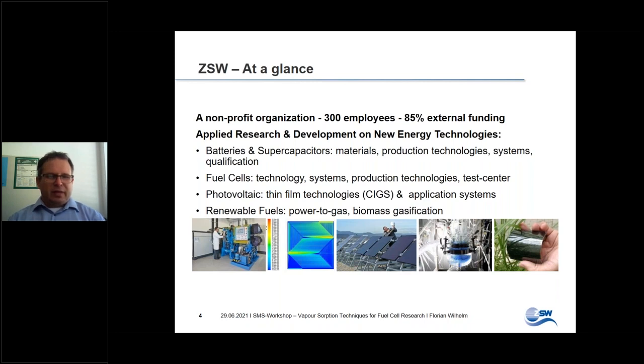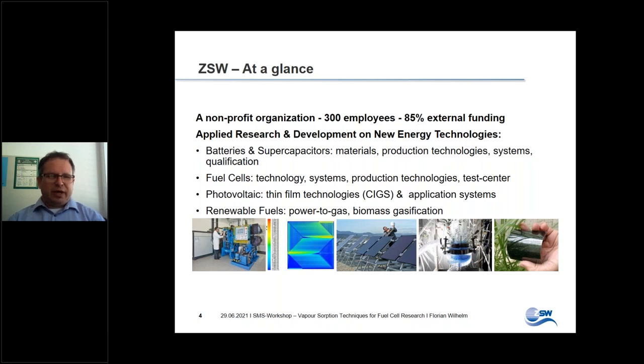Our budget is made up of 85% external funding. External funding meaning here both direct orders from industry and publicly funded projects. So that's a larger share than usual for institutions like ours.